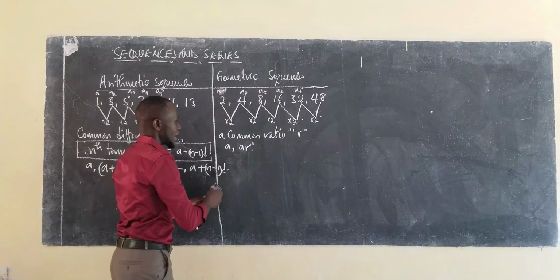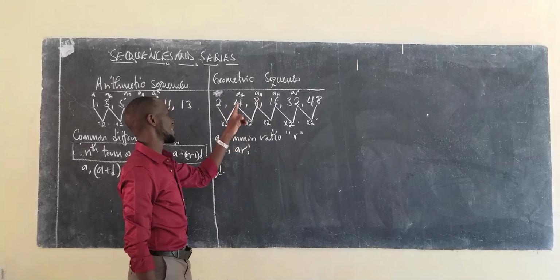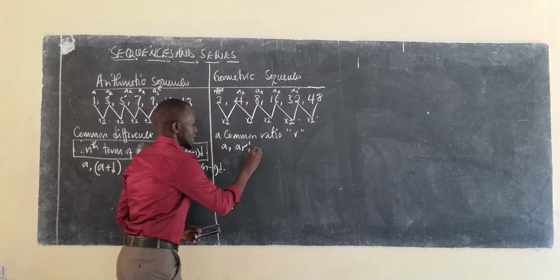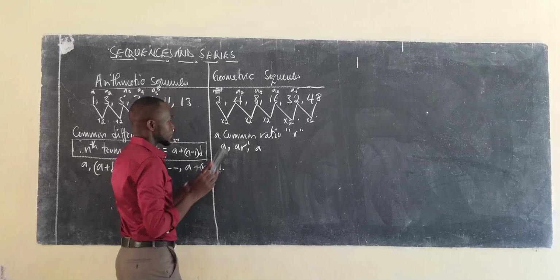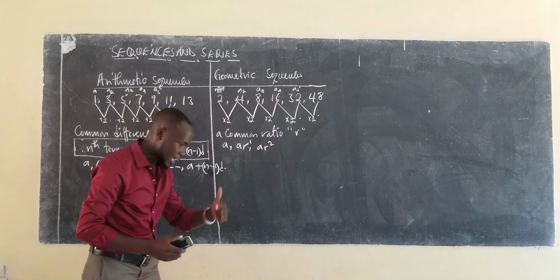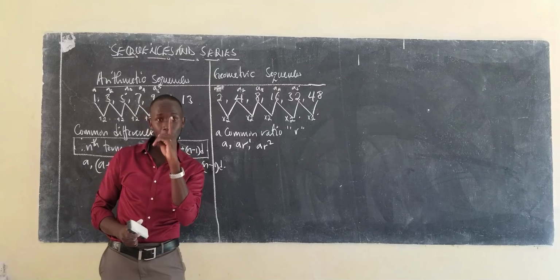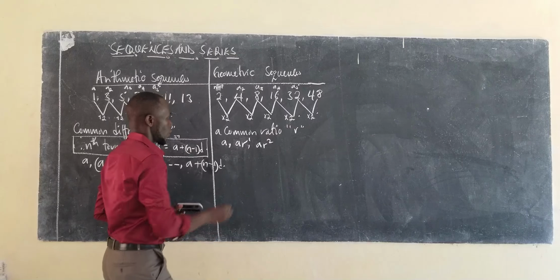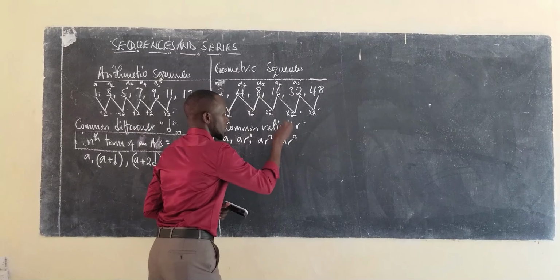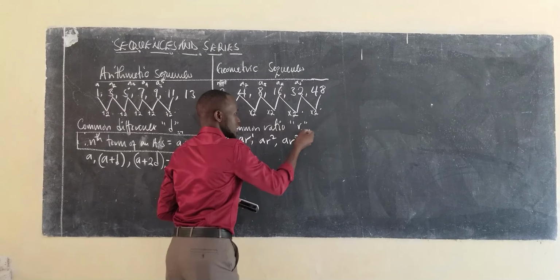So to get the third term, which is 8, somebody multiplied the second term by the common ratio. It implies somebody got A times the common ratio R, but squared. To get another term, we get to the position n and subtract off 1. So to get to the fourth term, it will be A R cubed. Cubed coming in after getting 4 minus 1.